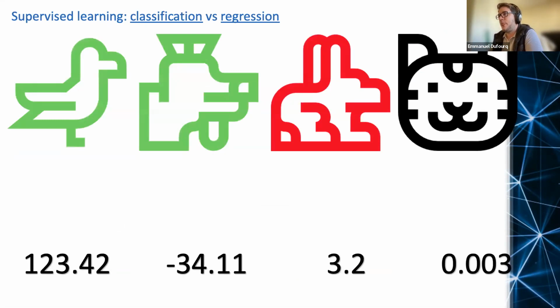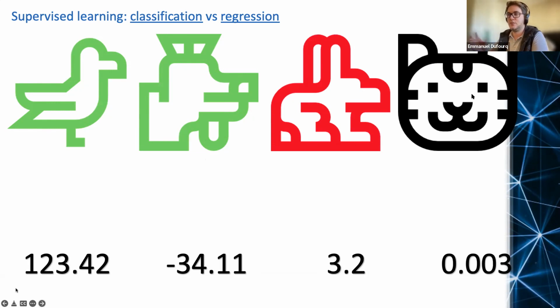So now there are two main types of supervised learning. One is classification and one is regression. The top pictures represent classification, where we're trying to map the feature space into discrete targets. For example, we have a feature space and we want to say these features are characteristics of a bird, or maybe a chicken, or a rabbit, or a cat.